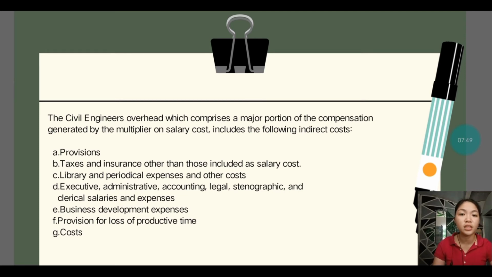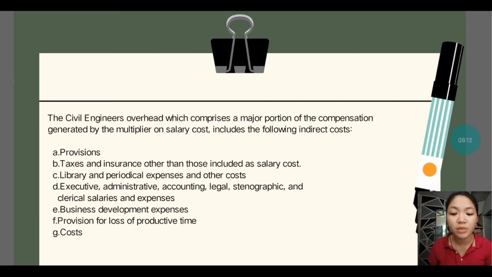That is letter C. So letter D, executive, administrative, accounting, legal, stenographic, and clerical salaries and expenses. Dito naman yung mga identifiable salaries include the salary costs and the expenses.